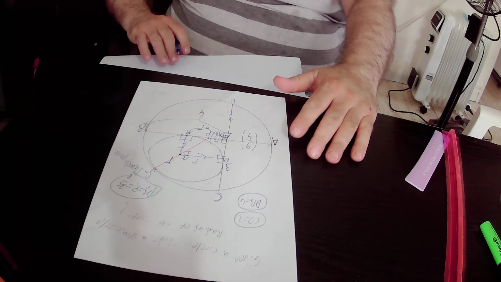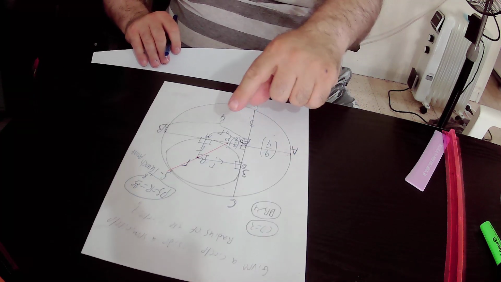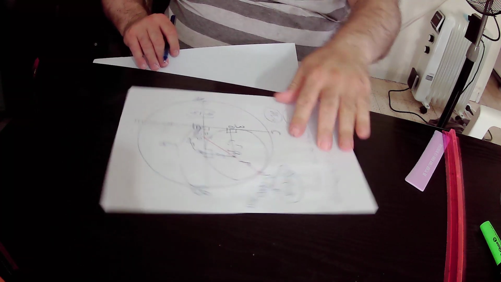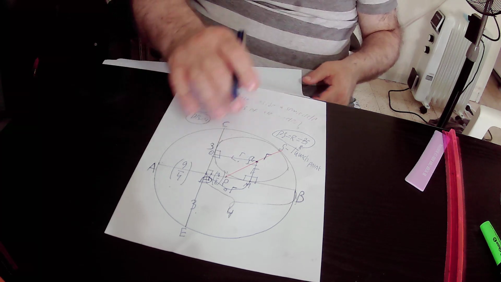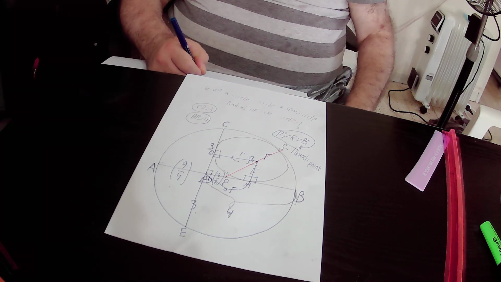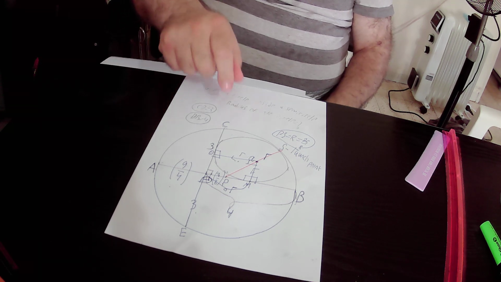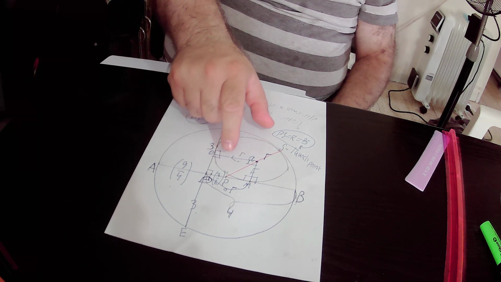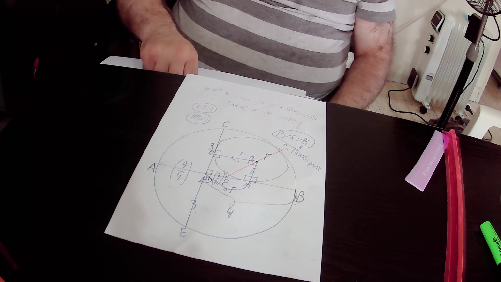And what is the length of line segment PQ? From the drawing, it is very easy to see that the length of line segment PQ is equal to PS minus QS.